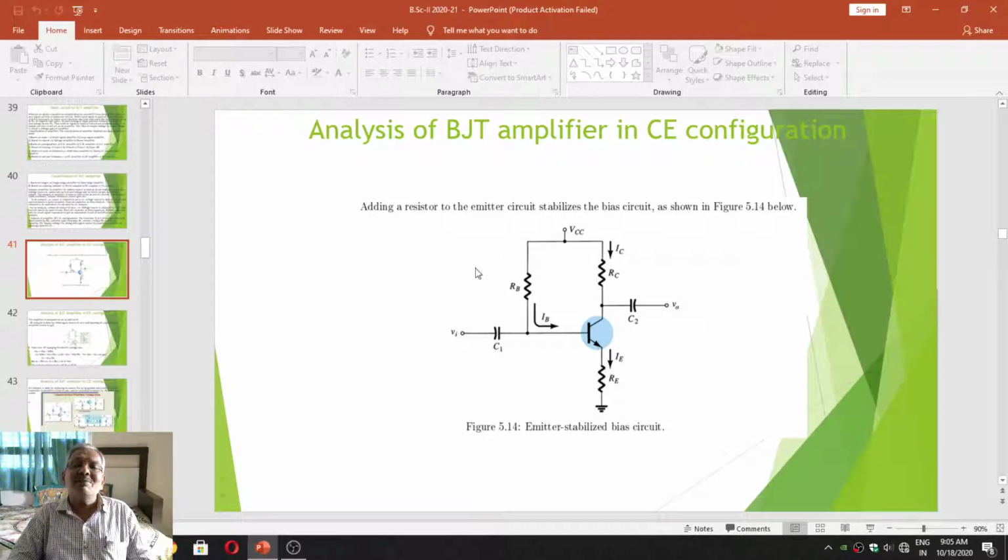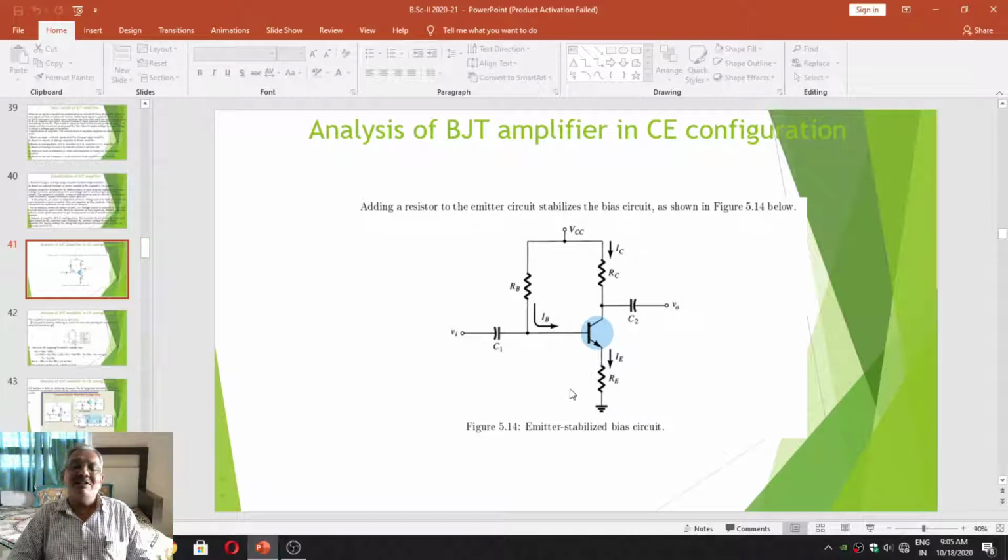Here the resistance RB is connected between VCC and base that provides the necessary amount of base current which will allow collector current to pass through resistance RC as a load resistance connected between VCC and the collector, which will develop the amplified output voltage.